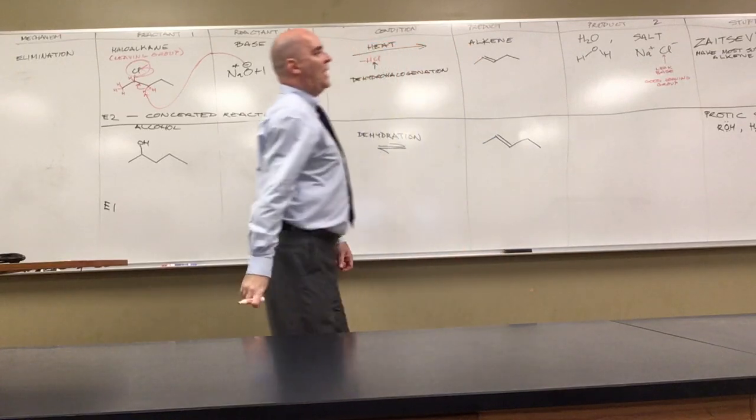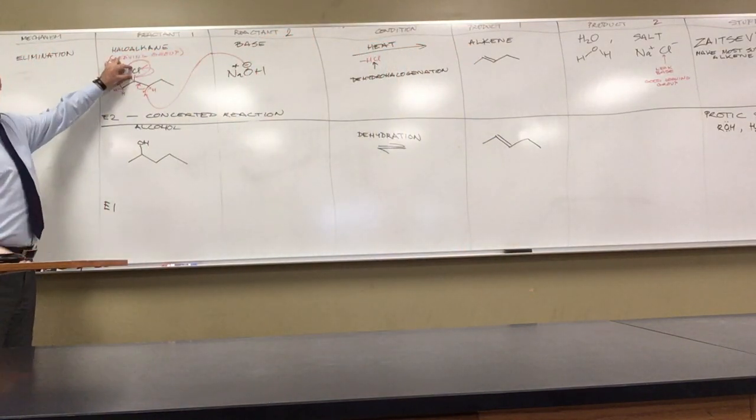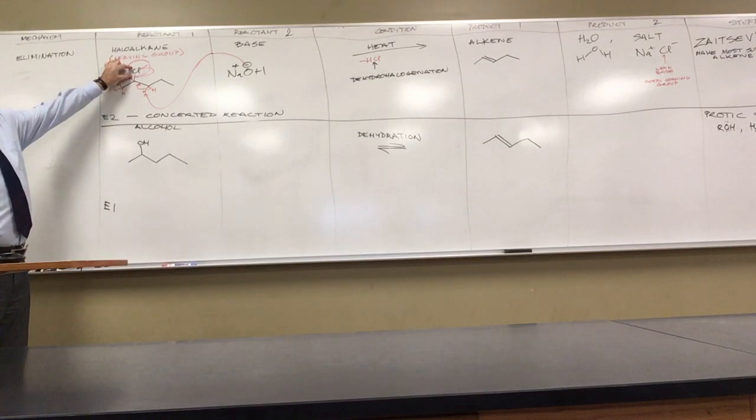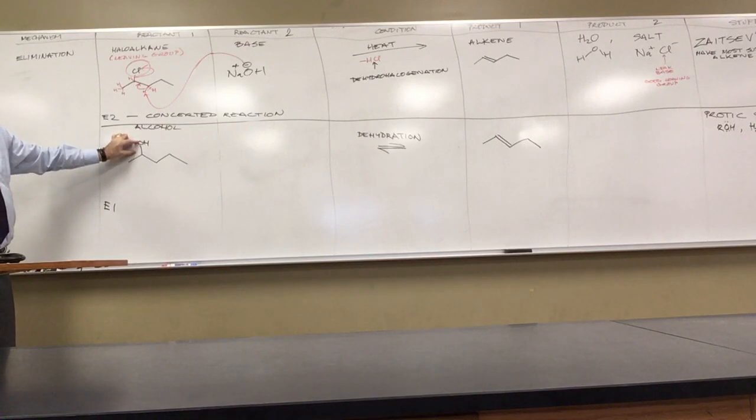Compare and contrast chloride, my leaving group in the top example, to hydroxide. That's my leaving group in the bottom one. This is a strong base, so it's not coming off. Bases make bonds.